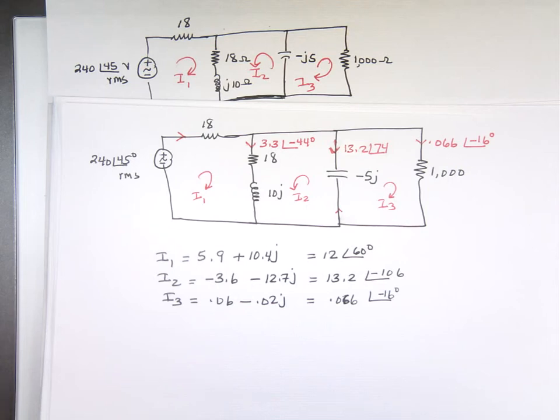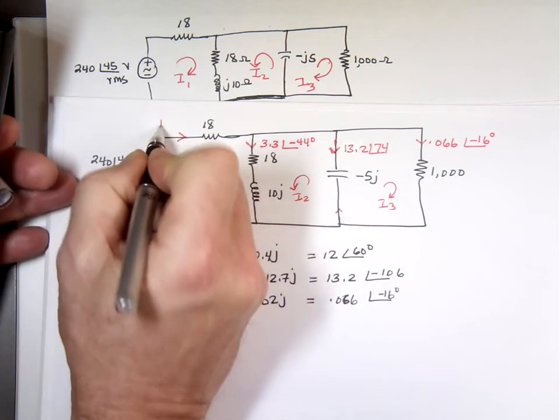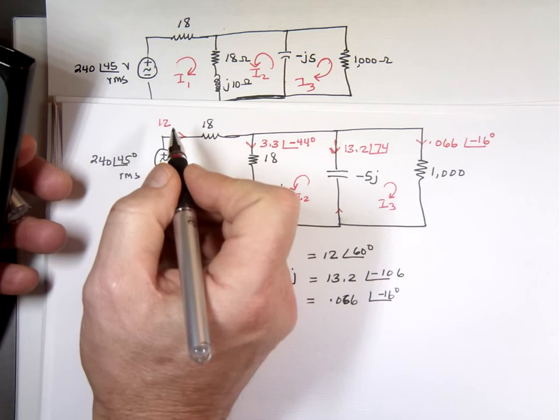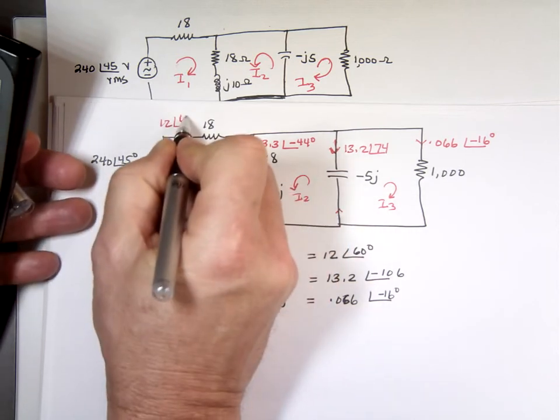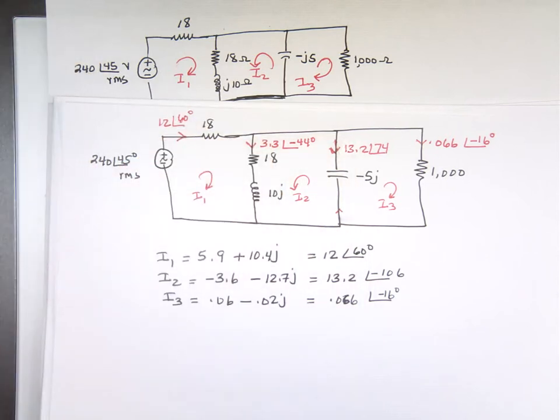So when you add all three of them, that gives me this current, just 12 angle roughly 60, .03 angle 59.7. So I'll say 60 is good. So now I get the current going through each one of them. I should be able to find the complex power by each one.